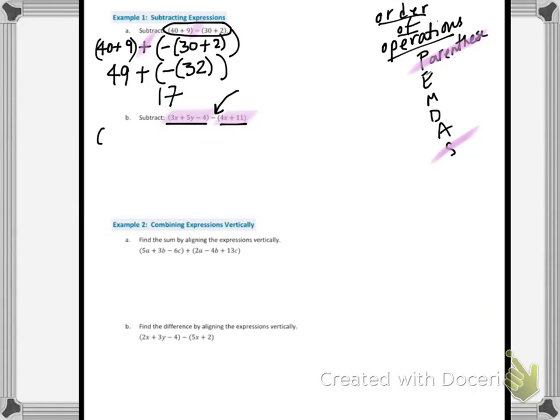So we'll just keep our 3x plus 5y, okay, but now let's put a plus negative 4, okay, all of that, and then we are actually going to add, continue to add, and now we're going to do the opposite of 4x, so negative 4x plus 11, okay.